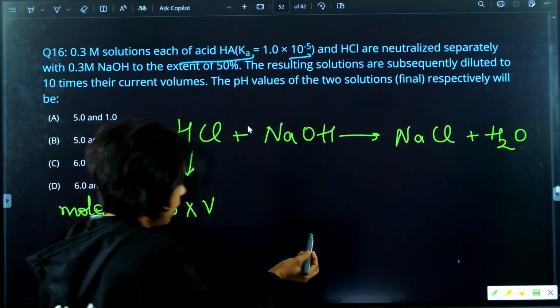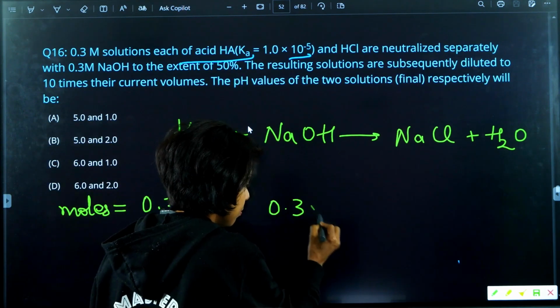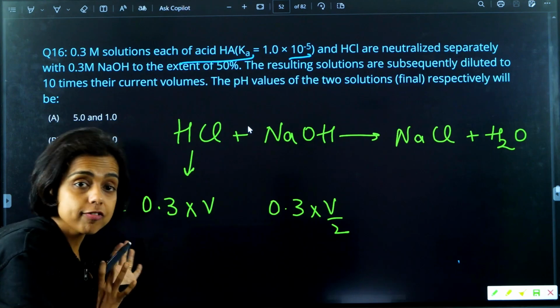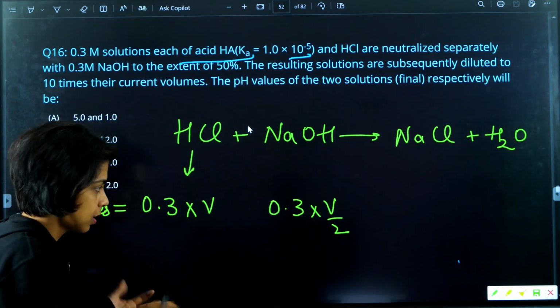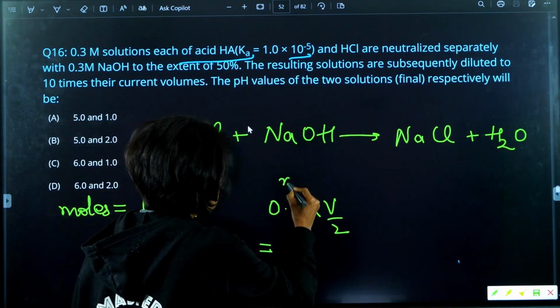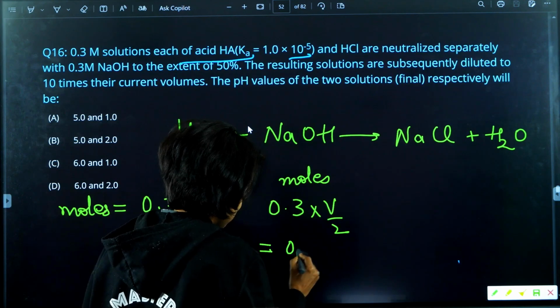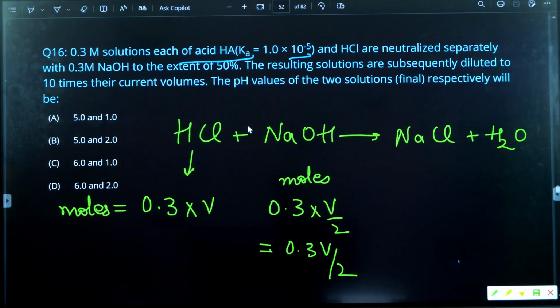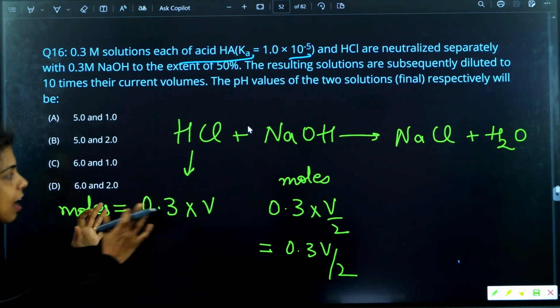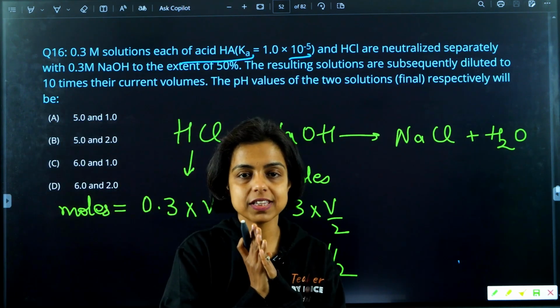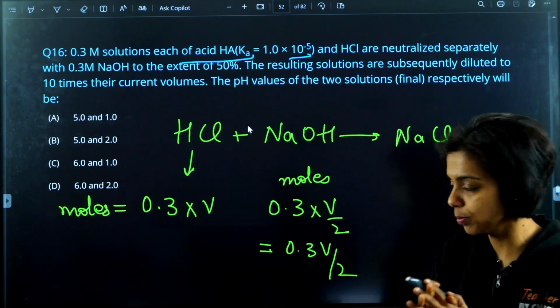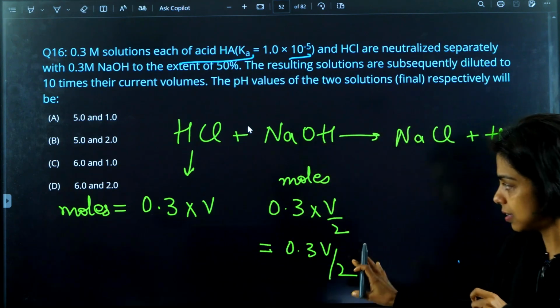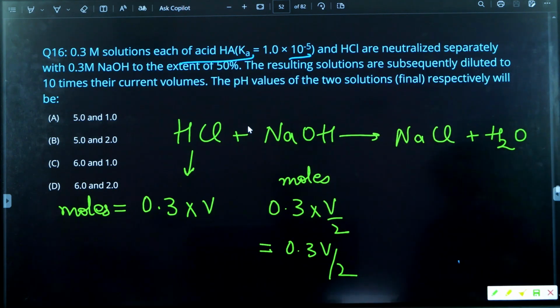It is 50% neutralization with the same molarity, but half of the volume is used, because half of the acid we are supposed to neutralize. So these are the initial moles and these are the moles of NaOH consumed.